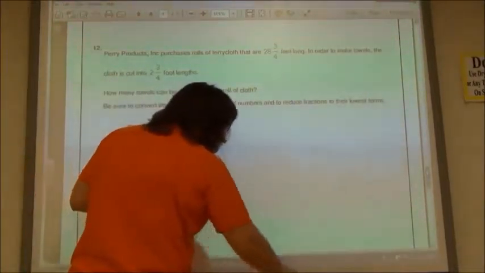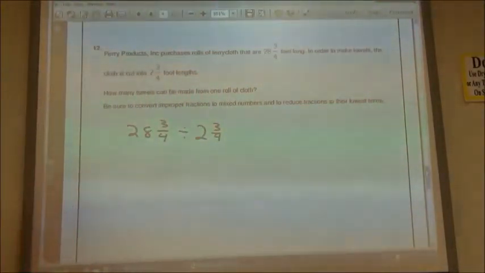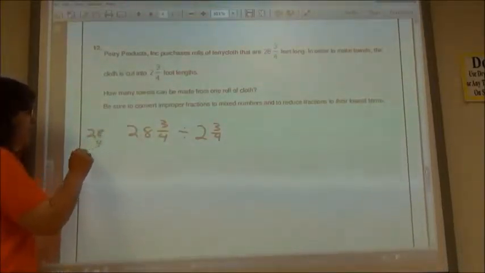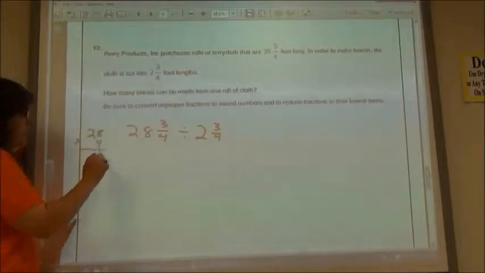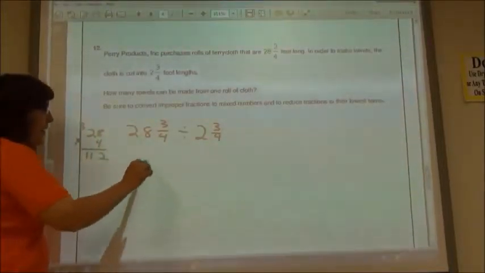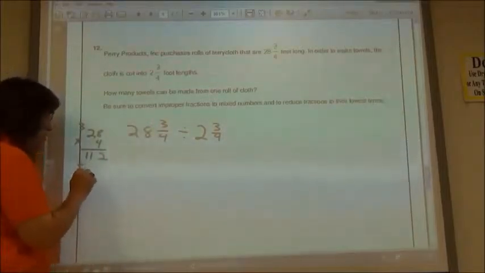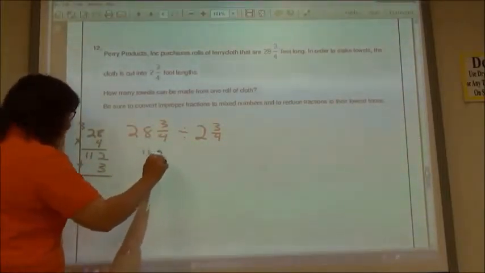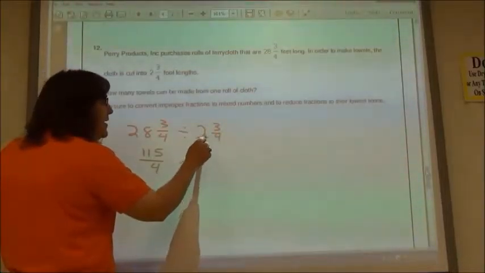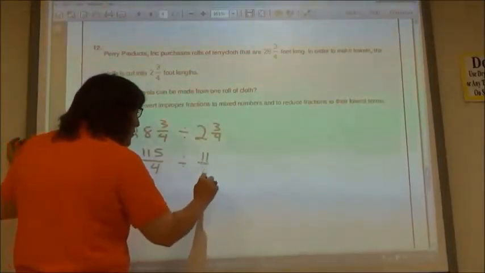So again, since I'm working with mixed numbers, I have to change them into improper fractions. 28 times 4. 4 times 8 is 32, and I have 8, 9, 10, 11. So I get 112 plus the 3, so 115 fourths. Here I have 8, 9, 10, 11, 11 fourths.